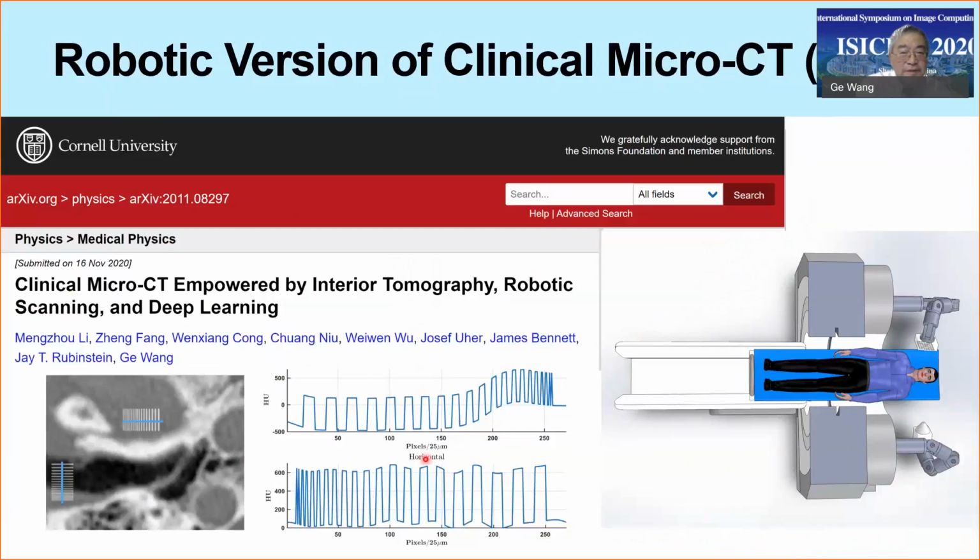We try to use a photon-counting detector to have material decomposition capability, and we use interior tomography and deep learning to try to resolve subtle details in the temporal bone. This is something we are actively working on. It is also a good topic for interior tomography and deep learning for highly accurate geometrical calibration.